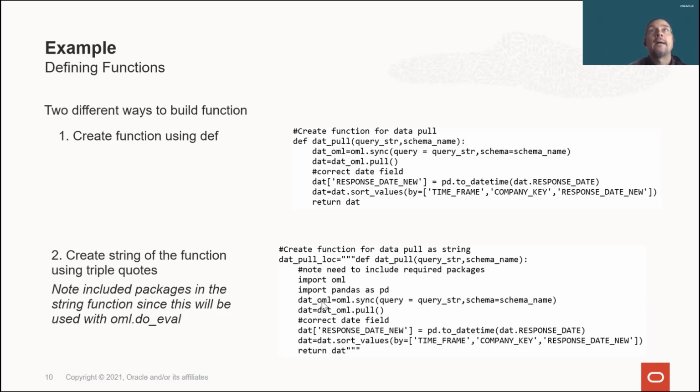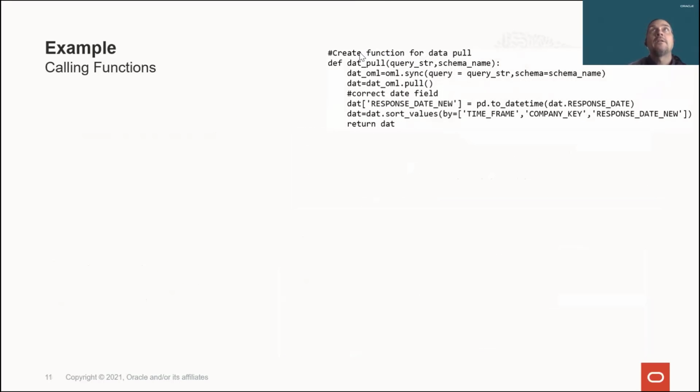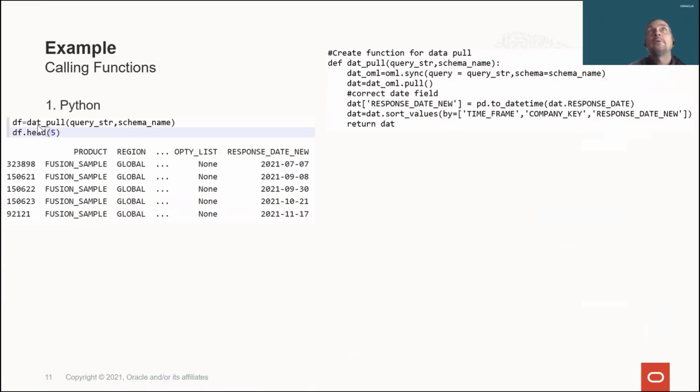So that's why I'm including those packages. So there's my two definitions of the function. And then if I'm going to call the function, here's my function, I can just run dat_pull, putting my variables in. That's standard Python, works as expected, okay?